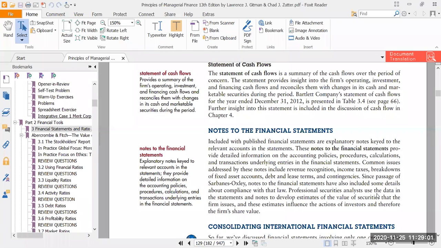Then there is another very important aspect of the financial statements: the notes to the financial statements. When we have reported some figures in our balance sheet, income statement, statement of retained earnings, or cash flow statement, we have to provide an elaboration for the understanding of the reader or the regulator, explaining what calculations we did to come up with these figures.